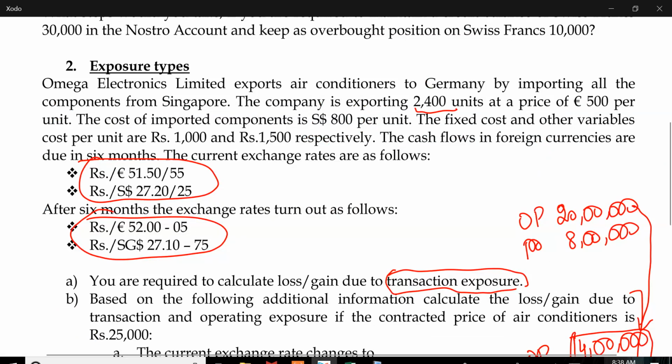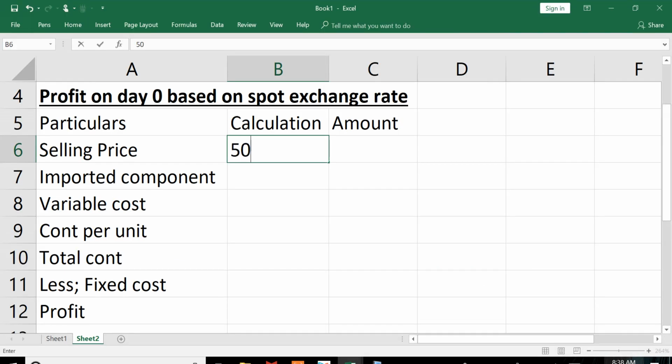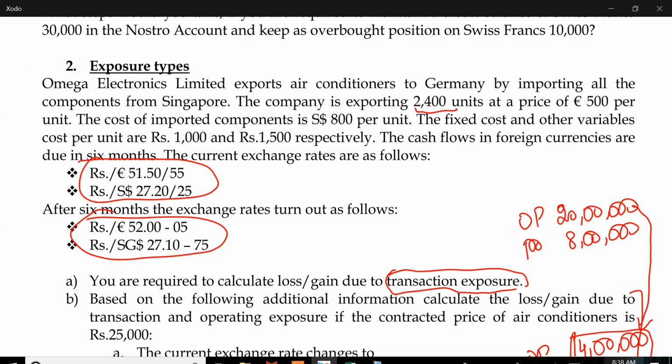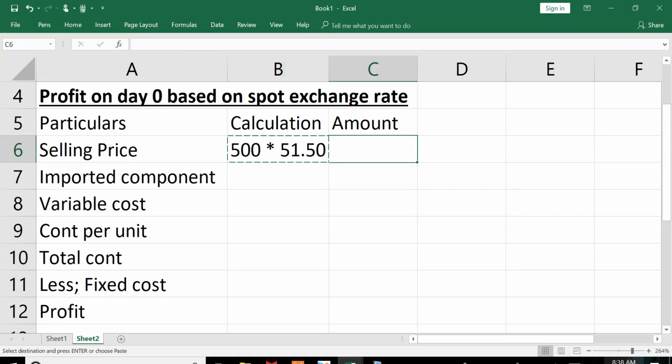What is the selling price? 500 euros into what price? 500 into 51. It will always be the lower rate for the revenue, higher rate for the expenses. 500 into 51.50.